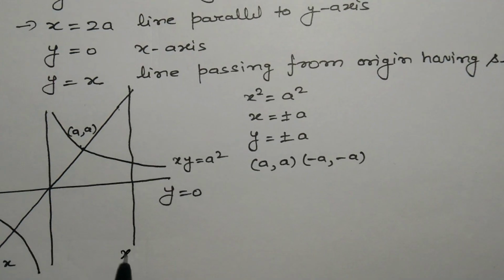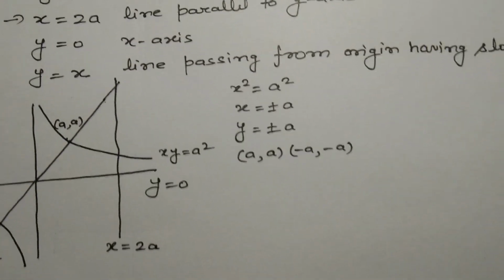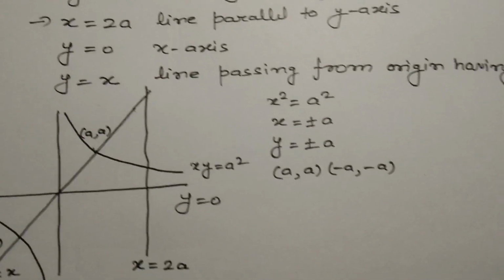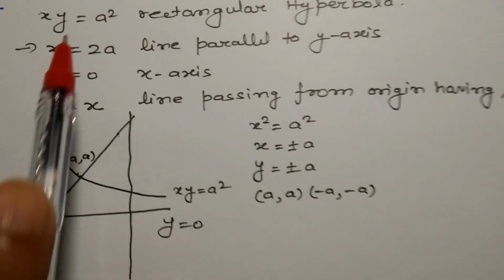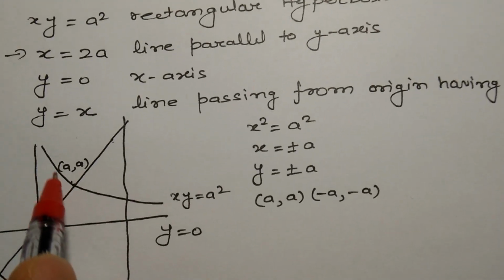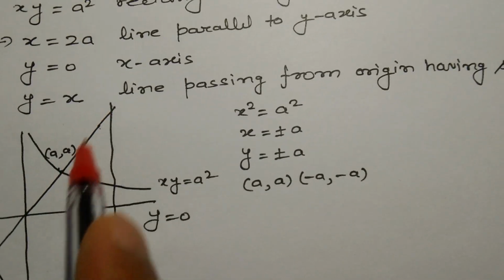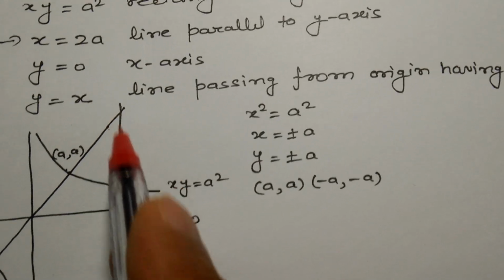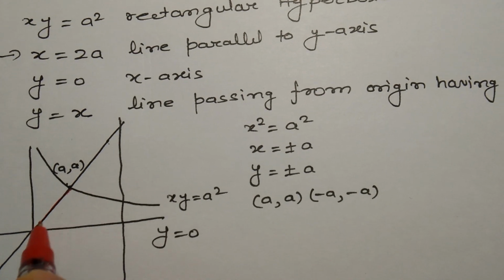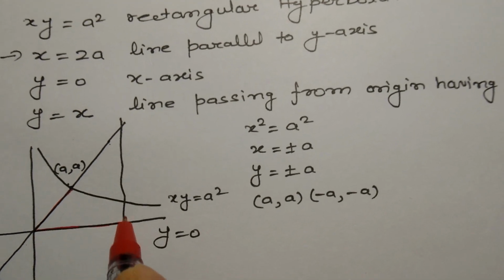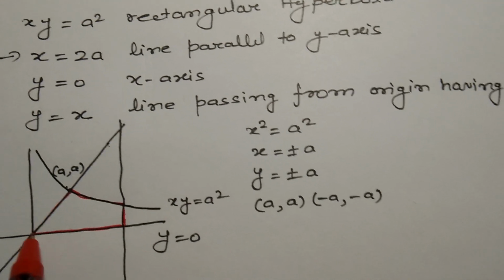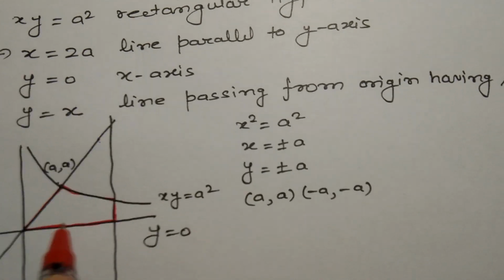Now the region which is given to us is bounded by all these four curves: rectangular hyperbola, line y is equal to x, line x is equal to 2a and y is equal to 0. This is the region which I am getting, on which I have to do the integration.